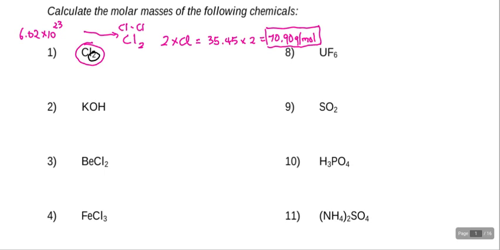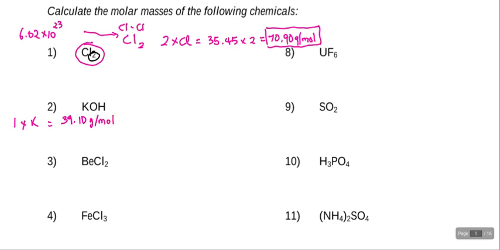So in potassium hydroxide, I've got 1 potassium, and I can take a look at my periodic table and see that the molar mass of potassium is 39.10 grams per mole. So 1 mole of potassium ions would give me 39.10 grams. So I'm just going to write grams per mole as my unit here.